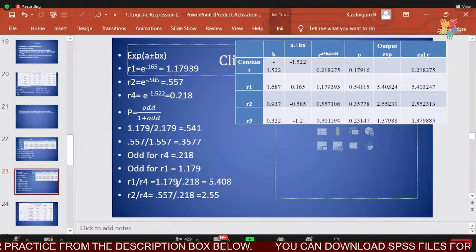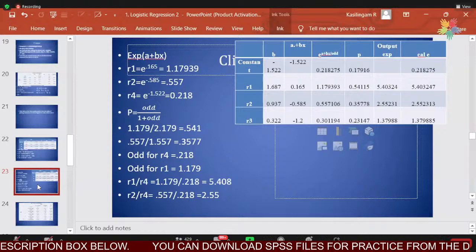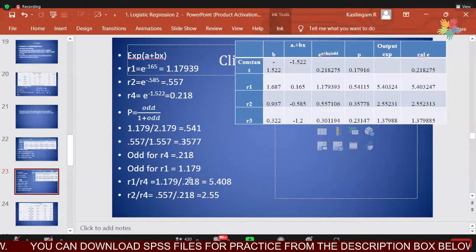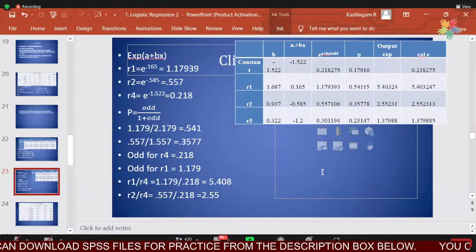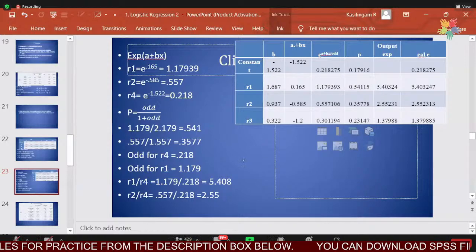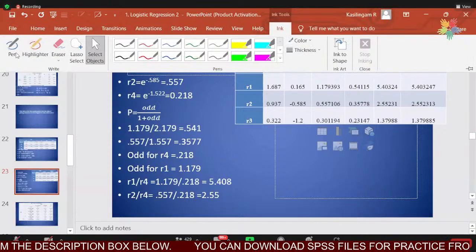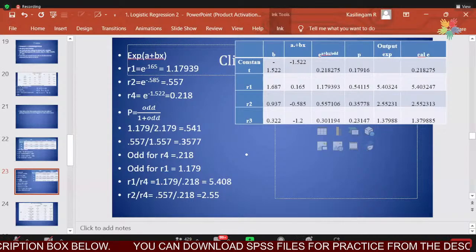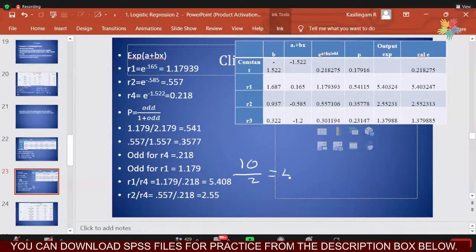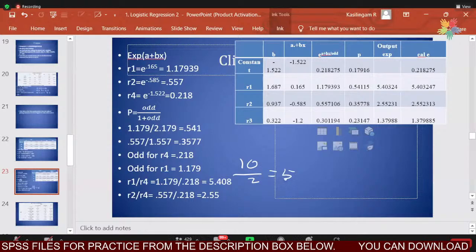So I can tell, whenever the value is 10, what I am doing is 10 divided by 2, which is equal to 5. Which means 10 is 5 times more than 2.